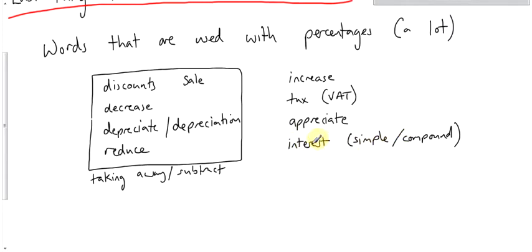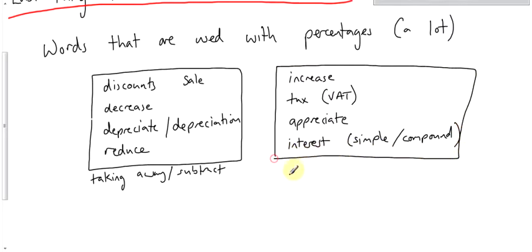Interest is an interesting topic because some interest leaves you better off. For example, if you put your money in a savings account, then they give you money. Not a lot, but they give you some money. That's interest, and that's good for you. But if you borrow money off somebody else, then they charge you interest, and that's bad for you. So interest goes both ways, really. But either way, these words are all about adding on.